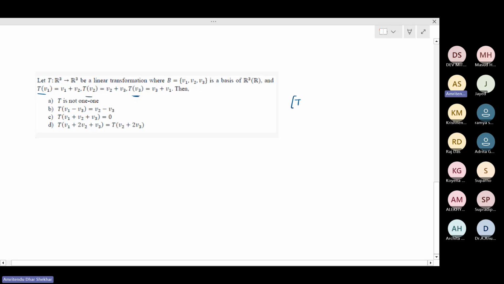Let's say this is your basis. Then T with respect to this basis V is basically equal to TV1, TV2, TV3. So these are going to be the columns of this matrix.